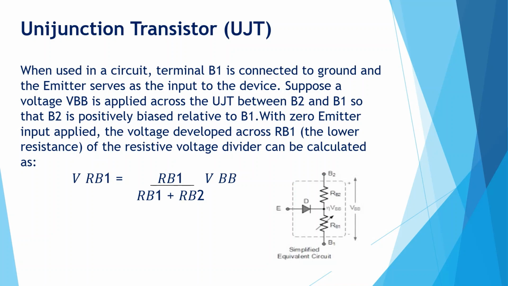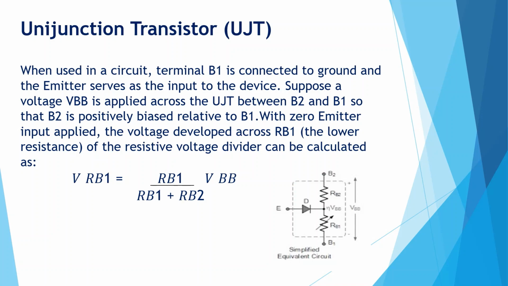Suppose a voltage VBB is applied across the UJT between B2 and B1 so that B2 is positively biased relative to B1, with zero emitter input voltage. That means no potential is applied to the emitter. The voltage drop across RB1 of the resistive voltage divider is calculated by the formula RB1 upon RB1 plus RB2, multiplied by the total potential VBB.